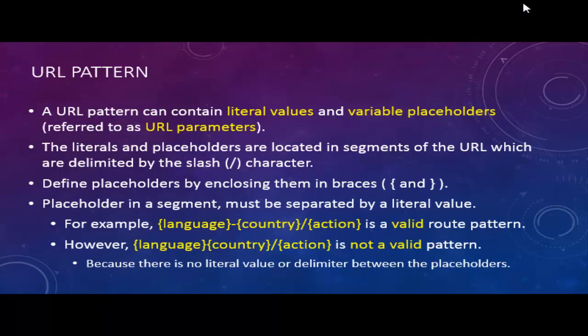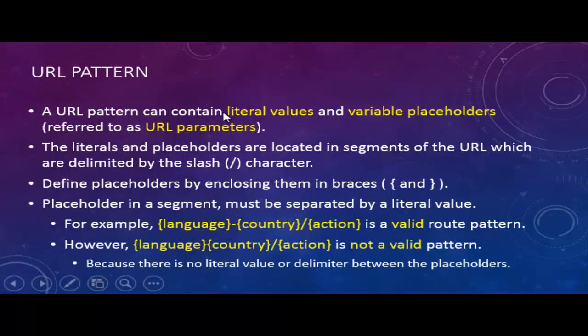Now every placeholder must be separated by a slash, and if you are using a variable placeholder like the action or the controller, they have to be placed inside curly brackets. So here the language specifies it's a variable, not a literal value. It is a placeholder for something that can be changed.